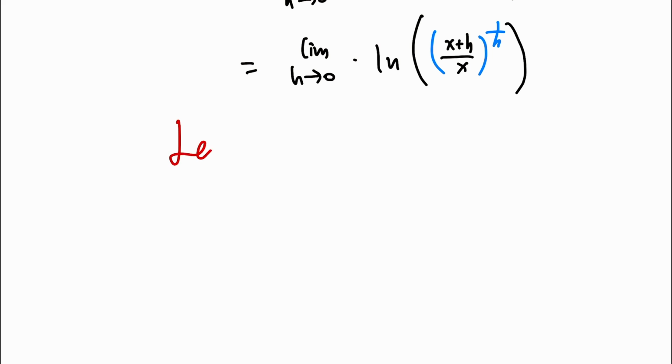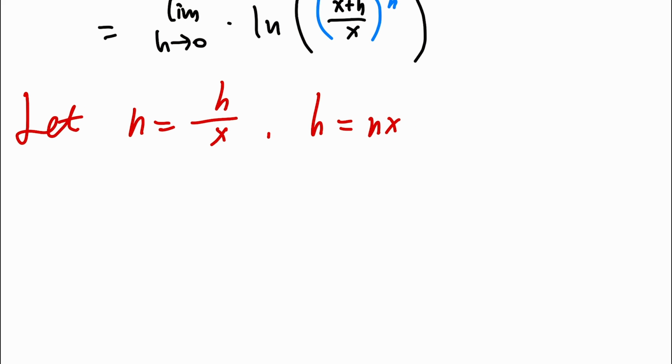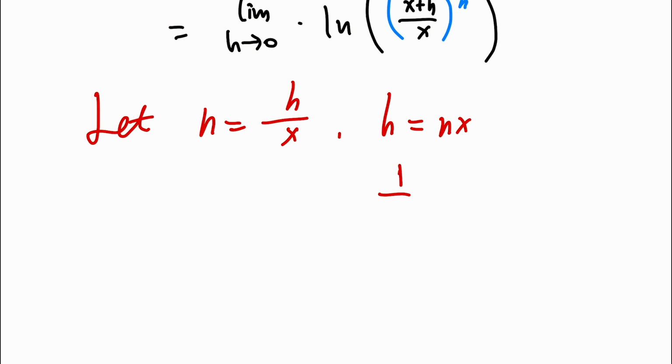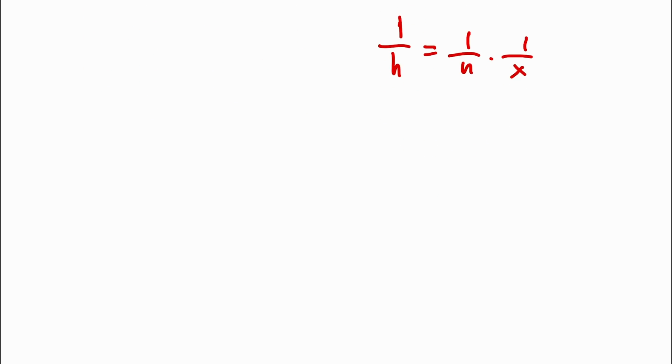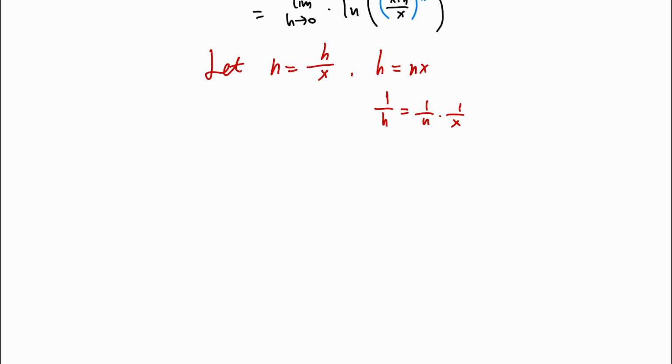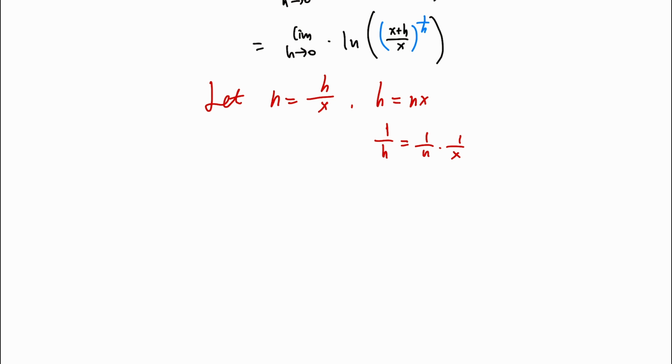We can just let n be equal to h over x. Then h is equal to n times x, just multiplying by x on both sides, and if we take the reciprocal, 1 over h is equal to 1 over n times 1 over x. And over here, we can substitute everything in.